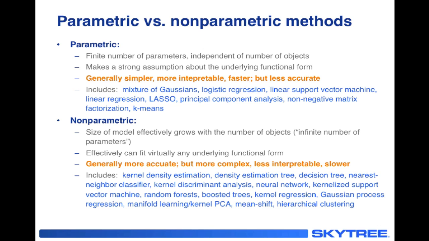But what that means formally, so parametric means there's a finite number of parameters in the model, which is independent of the number of objects or rows. It makes a strong assumption about the underlying functional form. So, for example, any linear method, like linear regression, or a linear classifier, like logistic regression, is a very strong assumption. It says the function of interest is linear.